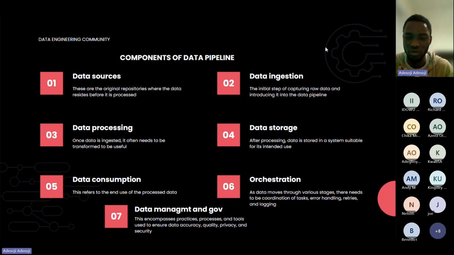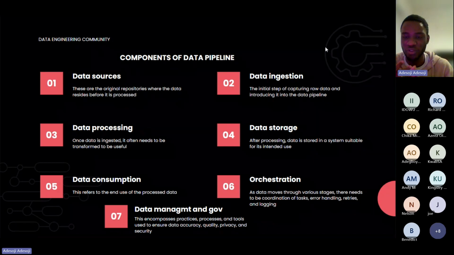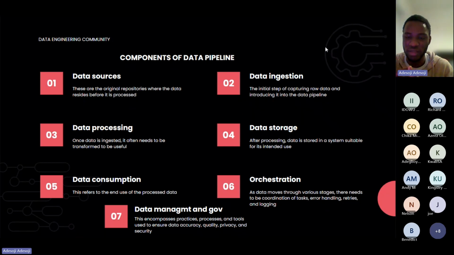So, orchestration now. As data moves through various stages, there needs to be a coordination of tasks, error handling, retries, and logging. You have different parts, different processes, different bits that exist in your pipeline.